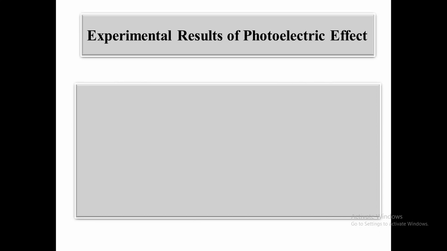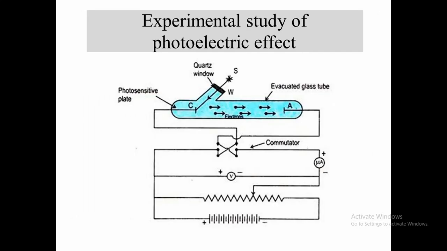Next, the experimental results of the photoelectric effect. Before analyzing the results, how do we perform it? When monochromatic radiation of suitable frequency from the source S, after being filtered by a filter W, falls on the photosensitive plate C, photoelectrons are emitted from C, which get accelerated towards plate A if it is kept at a positive potential.